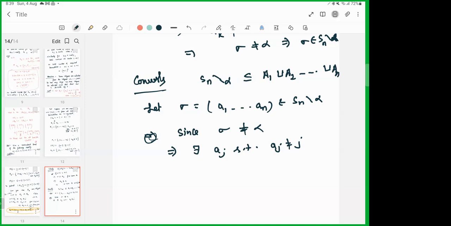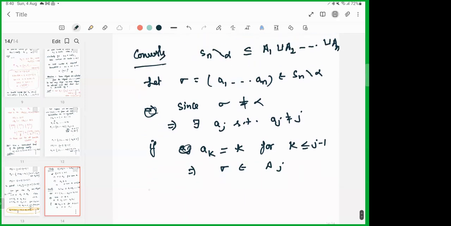Are you understanding or not? Yes. So tell me, what is your idea? If Ak is equal to K for K less than or equal to J minus 1, this implies sigma belongs to capital Aj.